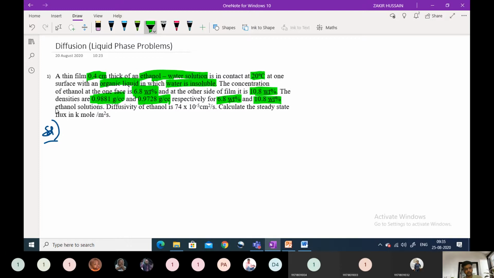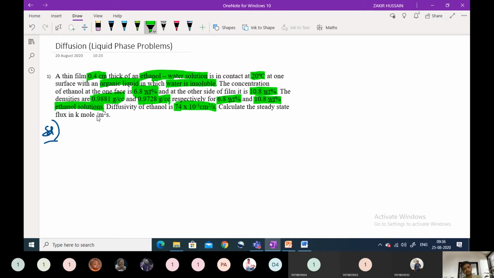That is the density of the overall solution, water plus ethanol. Then the diffusivity of ethanol: since B is not at all transferring, we can take this as DAB, because ethanol is A and water is B.